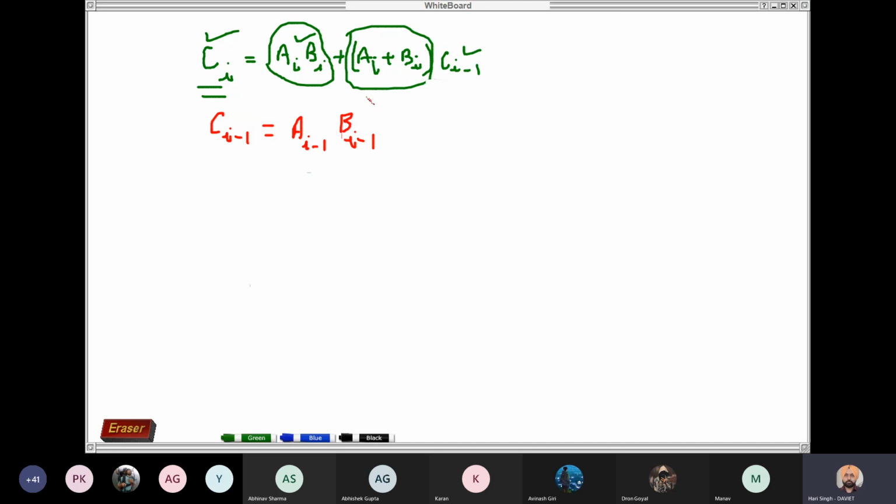This is the generate factor plus Ai plus Bi minus 1 into Ci minus 2. Similarly, we can write this expression for Ci minus 2 and Ci minus 1 and so on.